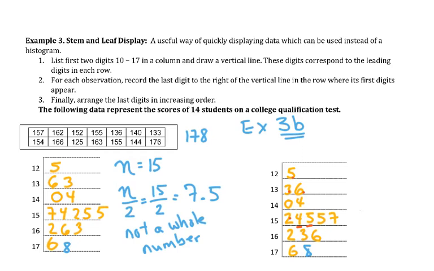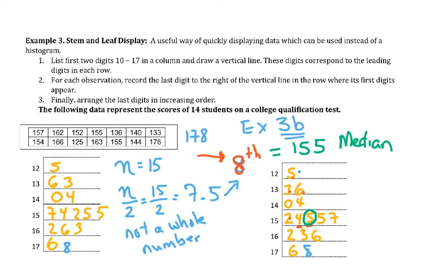So if I round up, that would be 8. Now, this is not the median. Sometimes students think that is the median. No, this means use the 8th observation. So let's find the 8th observation. 1, 2, 3, 4, 5, 6, 7, 8. So the 8th observation is 155, and this is the median.